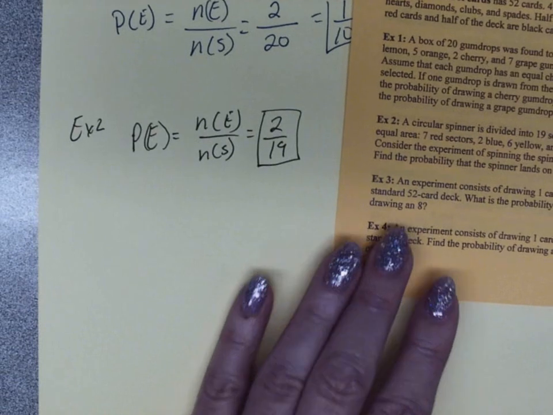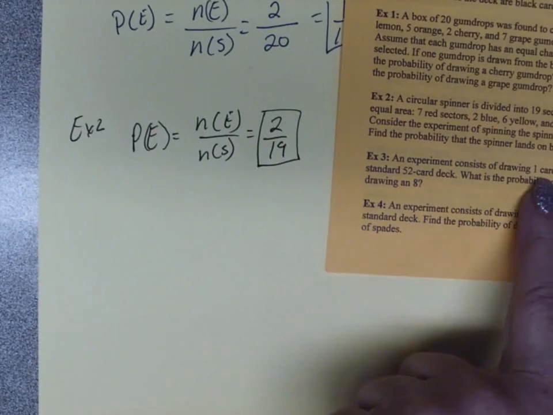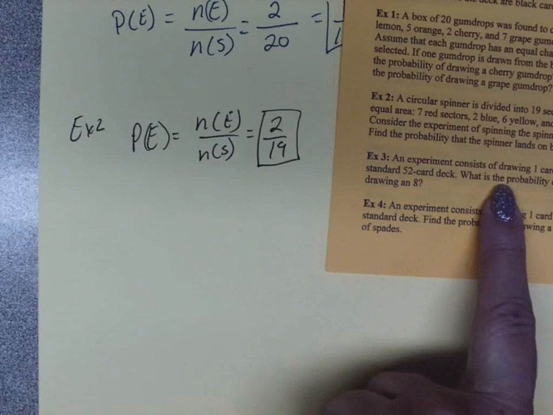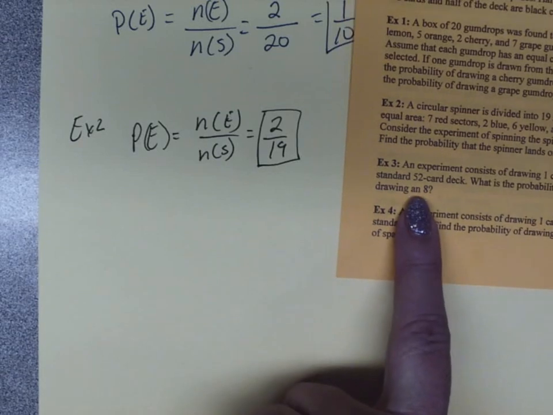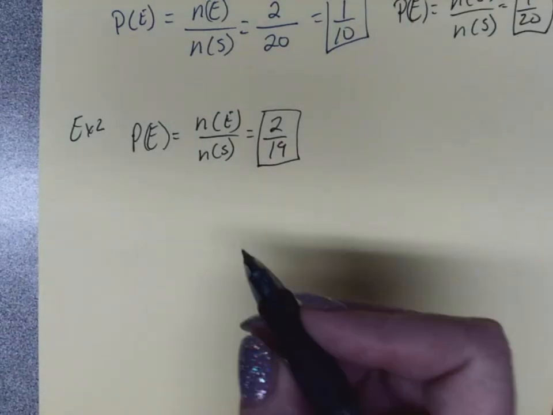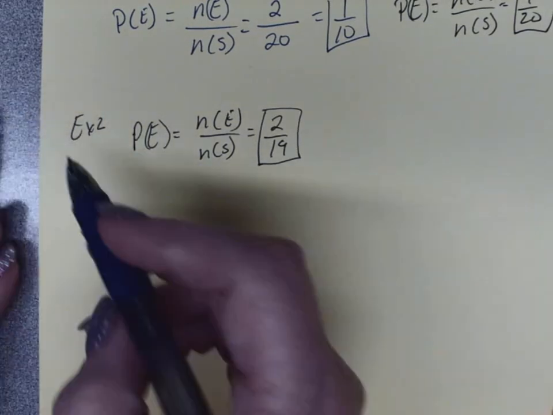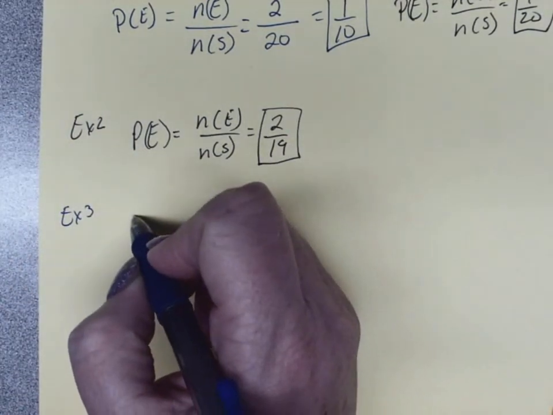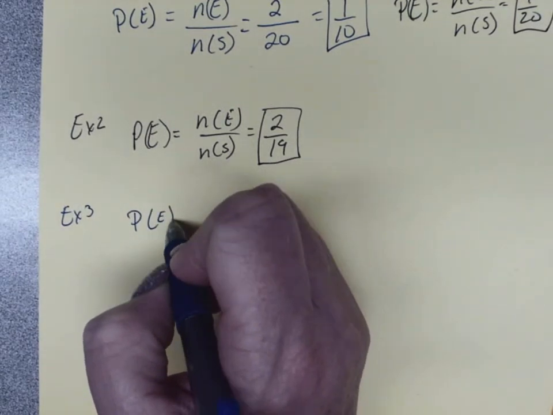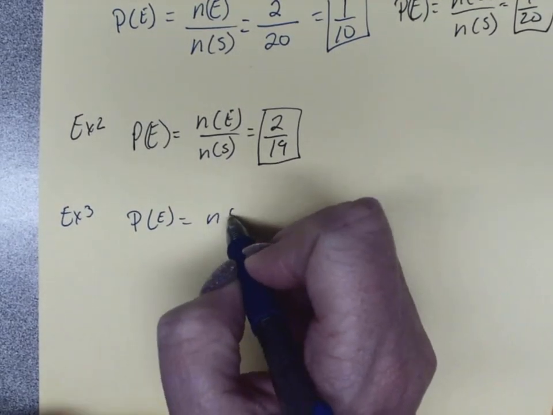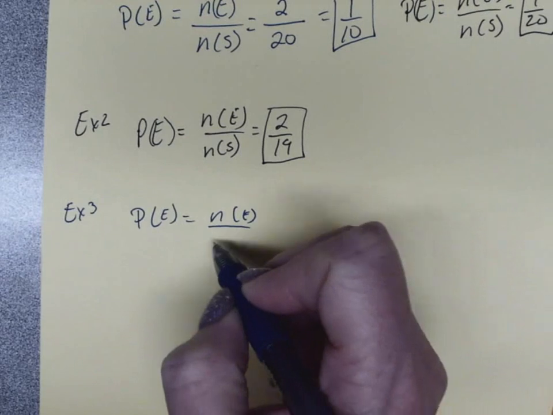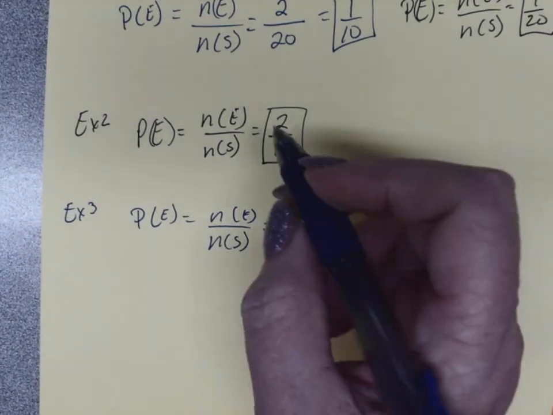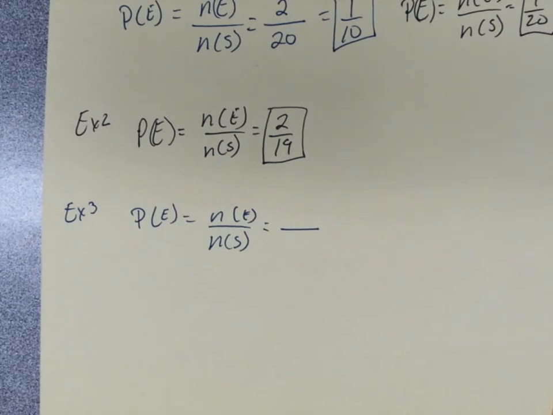All right, example 3. An experiment consists of drawing 1 card from a standard 52-card deck. What's the probability of drawing an 8? So this will be example 3. And we're looking at, again, the probability of E equal to the N of E over the N of S. Now, how many 8s are in a deck?